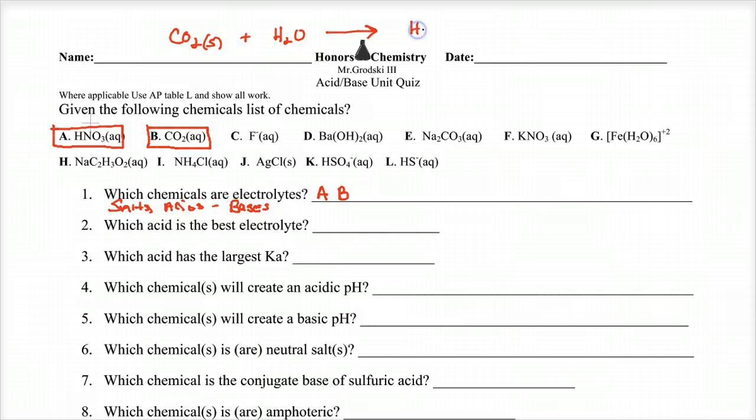You make carbonic acid, which in truth will dissociate to make H plus and the bicarbonate ion, also called a hydrogen carbonate ion. But you should know that this is accepting a lone pair, and we talked about that. So CO2 is listed in your reference table.